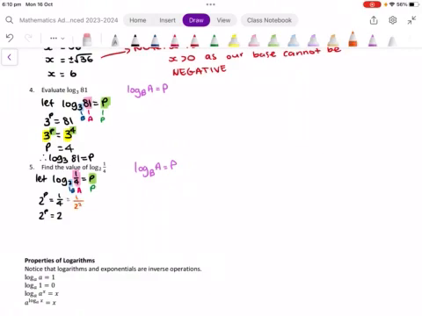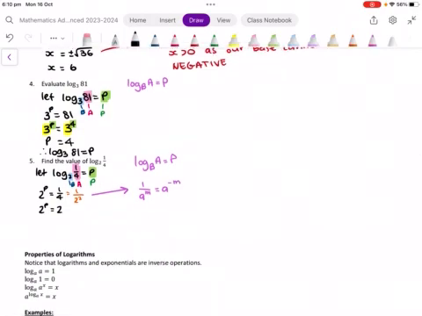So when we're thinking about this, a quarter can be written as 1 over 2 squared. And we know our index laws. We know that when we have 1 over a to the power of m, it equals a to the power of negative m. So that means our 2 to the power of p is equal to 2 to the power of negative 2, which is equivalent to a quarter.